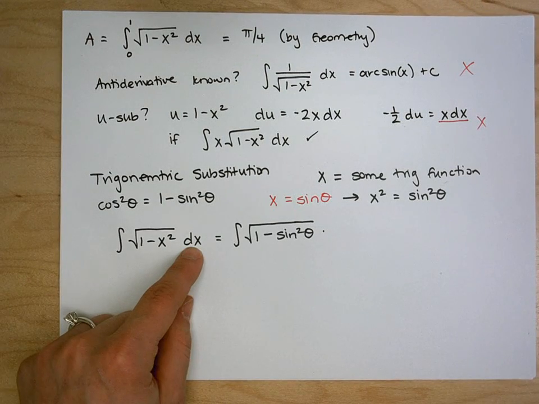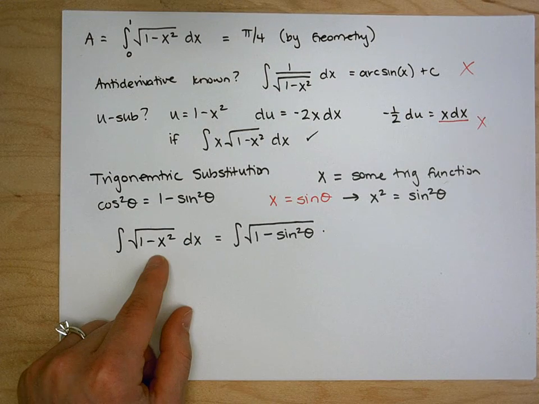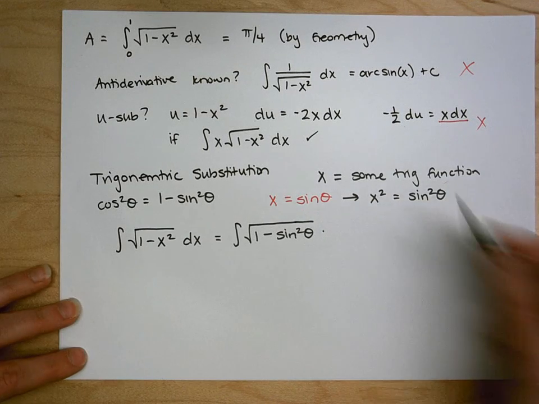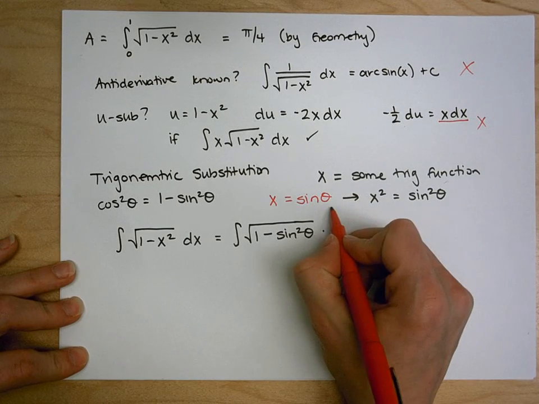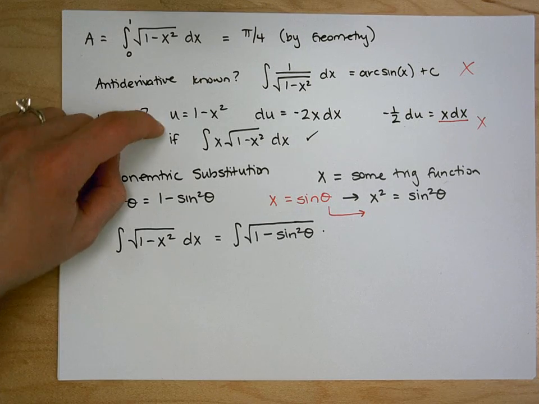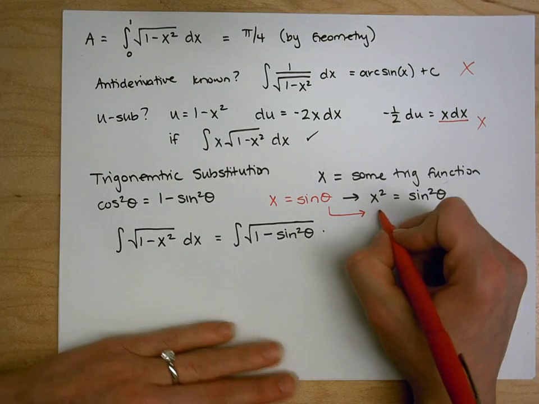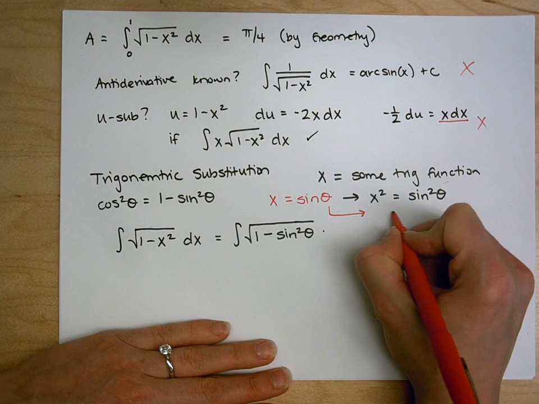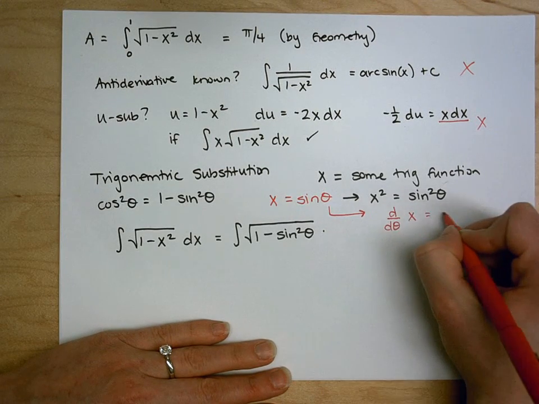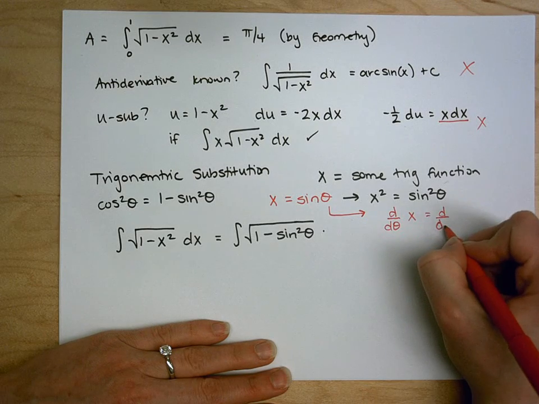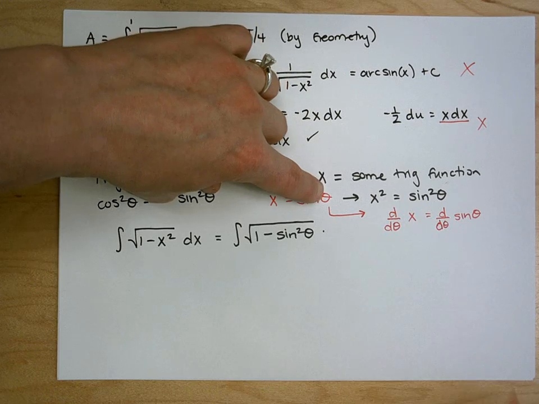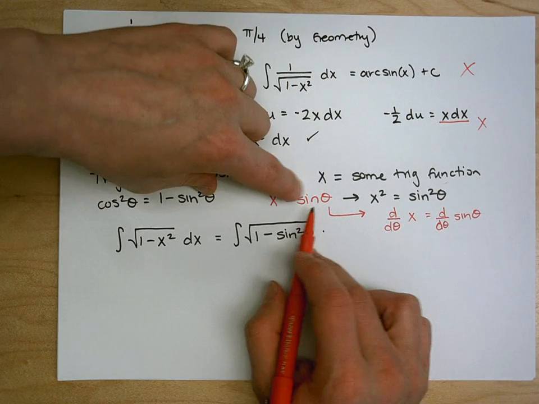I have a dx, and just like I replaced the x, I need to also replace the dx. So let's see how we can go about doing that. This will look very familiar because it's very similar to what we do in the u substitution. If I let x equal sine theta, I can take the derivative of both sides with respect to theta. I'm doing it with respect to theta because I'm taking the sine of theta.